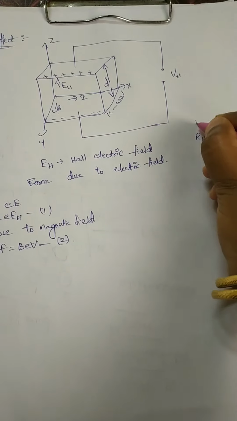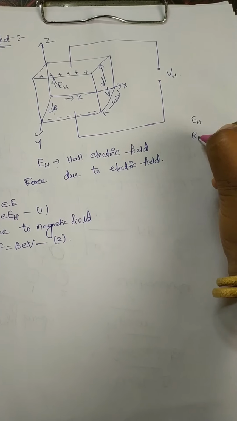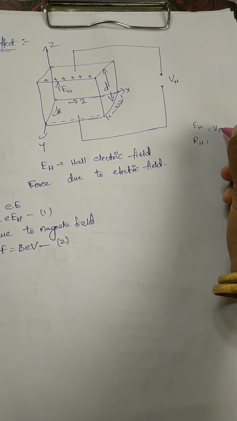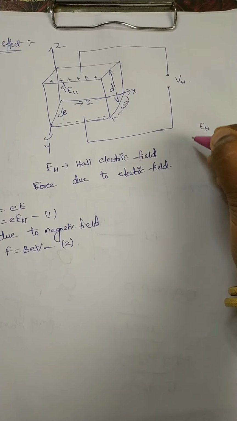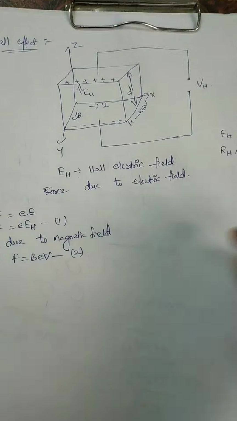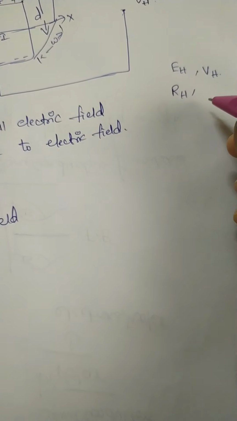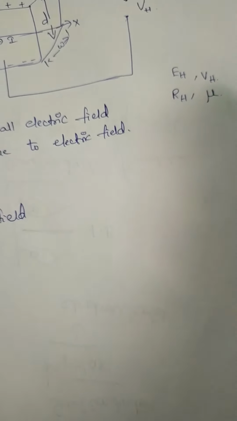We have to find EH, RH and VH. These are the three values we have to find, and we will also find the mu value, which is known as the mobility.